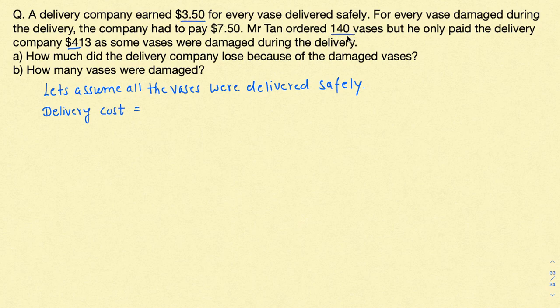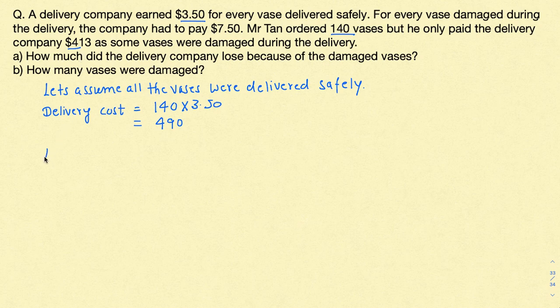So for 140 vases it will be 140 times 3.50, right? So that will give us $490. Okay, so the company should have gotten this much, $490, but Mr. Tan only paid $413, right? So what's the loss the company has to take?